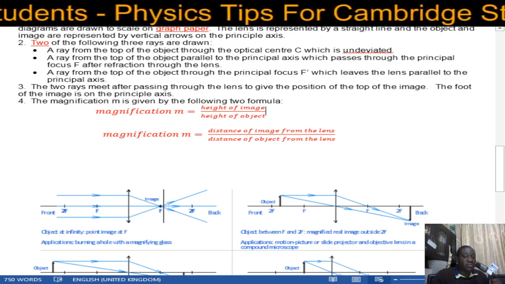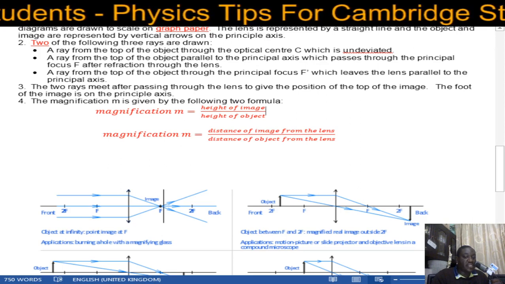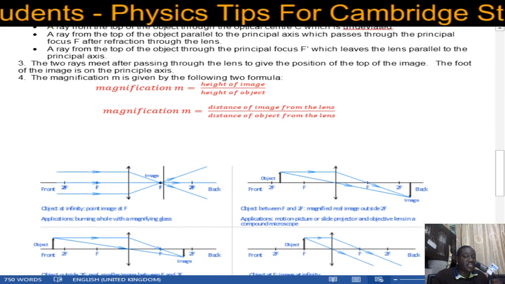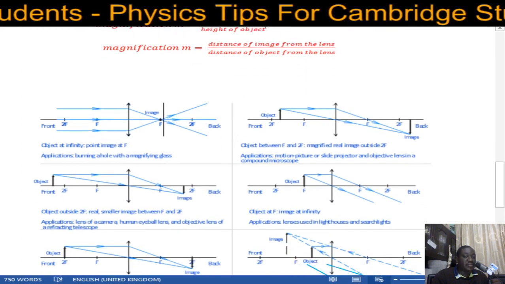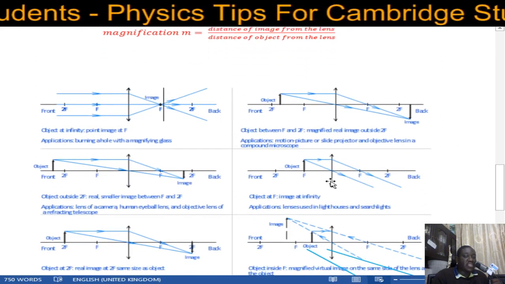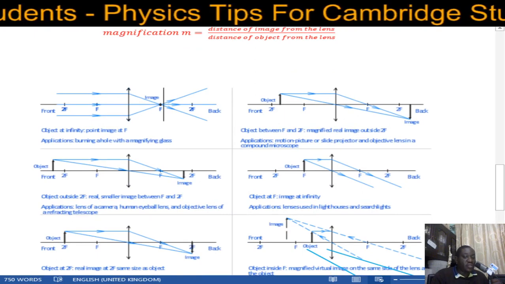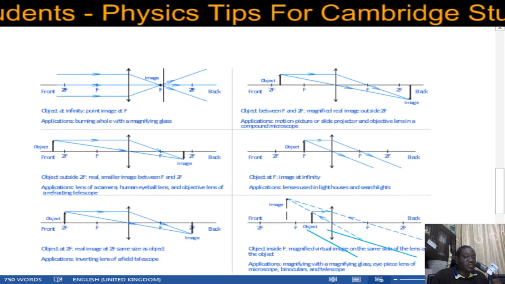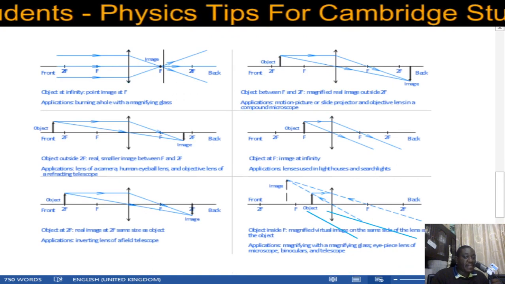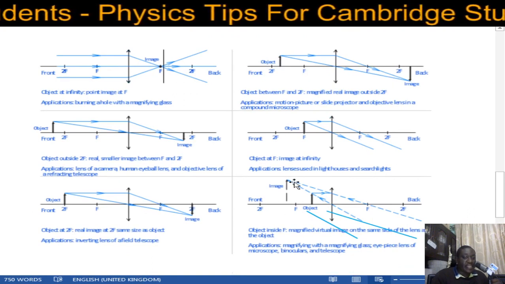Now, the only way to do this one is to practice. So you need to really practice drawing these ray diagrams. Where the object is beyond 2F, you need to really draw that, and you do that on a piece of graph paper, like I said.